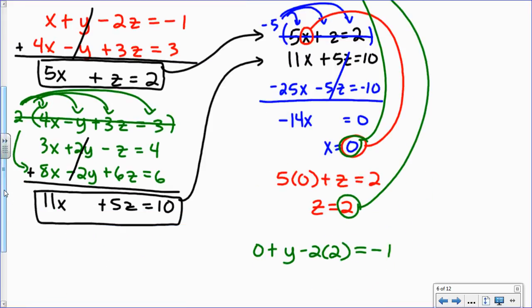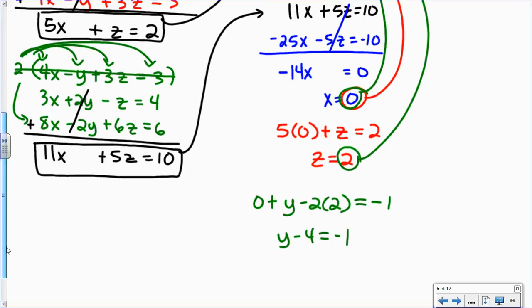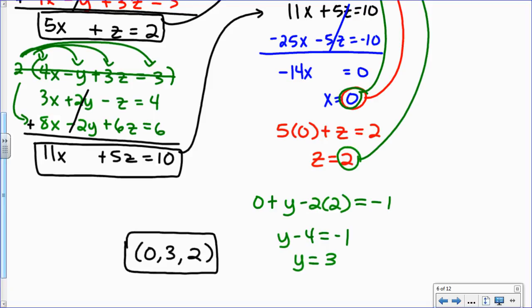Okay, so that 0 just goes away there. So y minus 4 equals -1. So y equals 3. So write your answer in order, x, y, z. So that is 0, 3, 2. Okay.